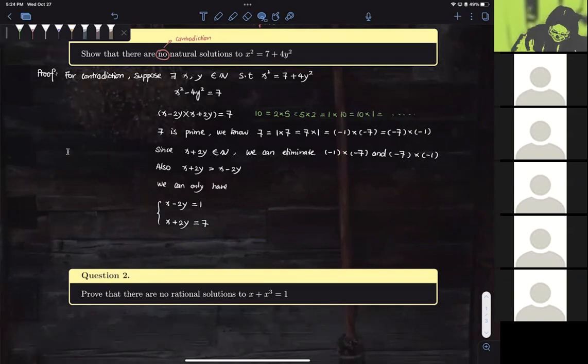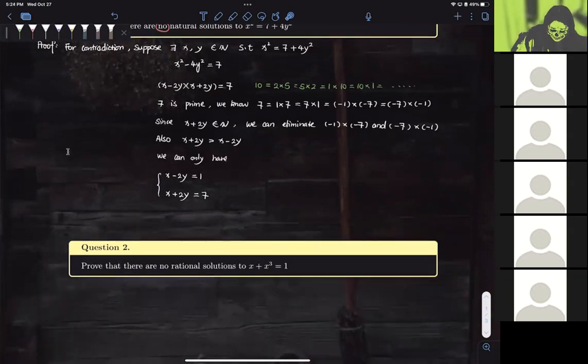You can only say in this case, you cannot have the product of two negative numbers. But 7 does have negative divisors. Does that make sense? So the logic doesn't follow. Yeah, so in this situation, we don't have -1 and -7 as divisors.